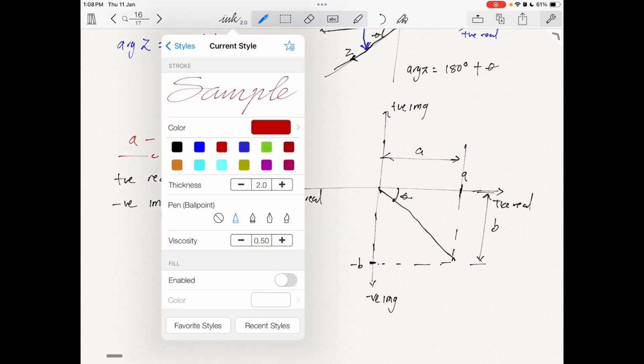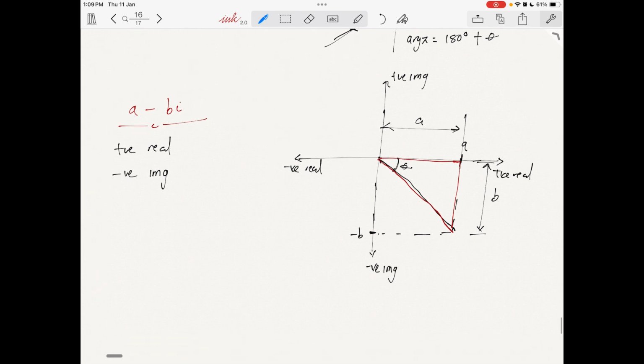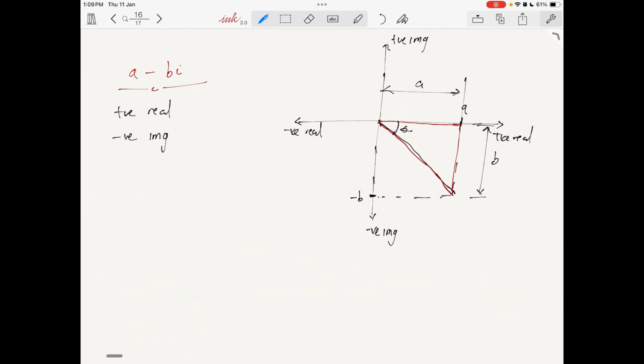So having done that, we can easily bring out our triangle so that we can understand how to calculate the modulus and also the angle theta. So bringing out the triangle, we have this, where this is our angle theta, this is b, this is a, this is R, and this is the right angle.